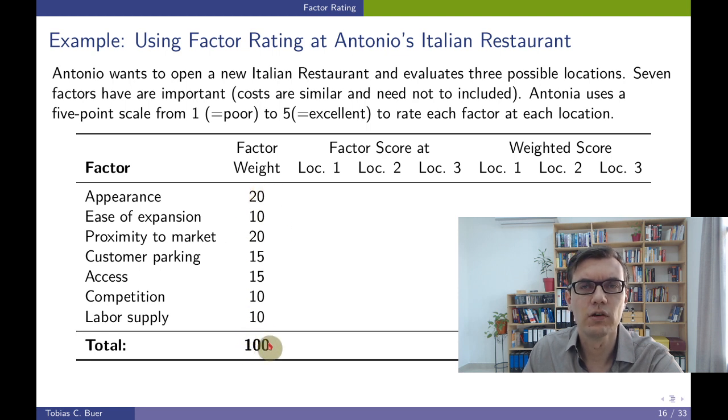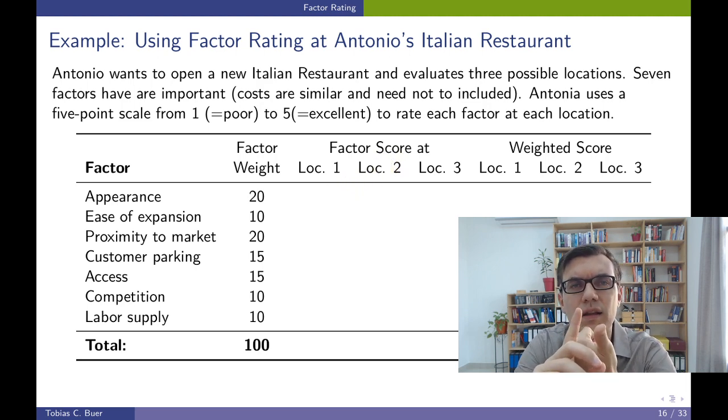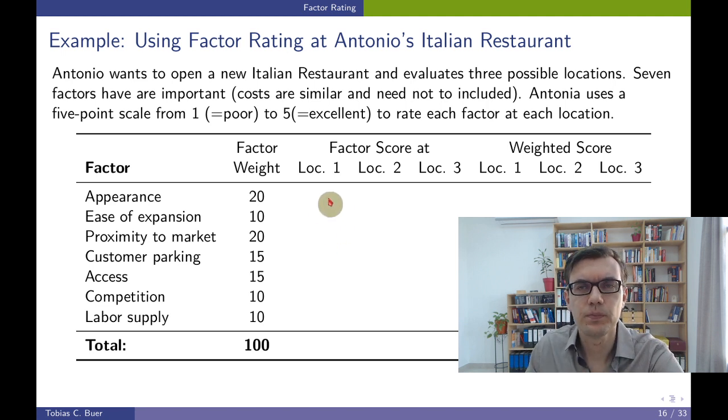Now he said, to keep it simple, he wants to assign a rating to each factor on a point scale from 1 to 5, where 5 is the highest, the best rating.